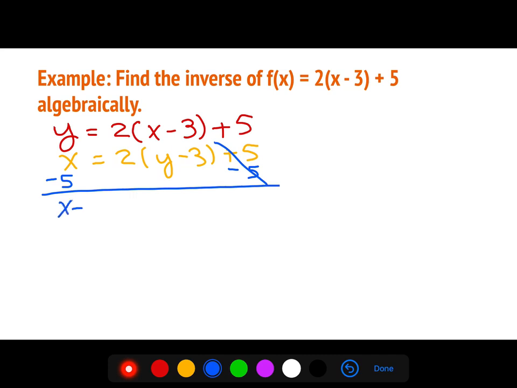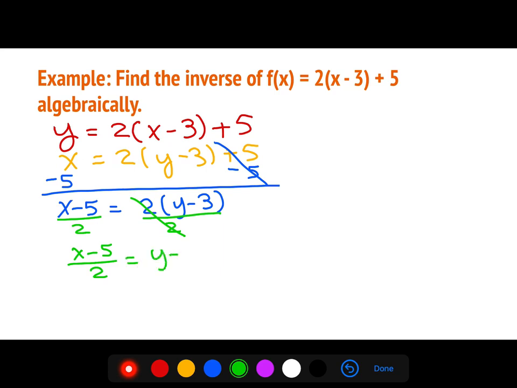So I'm going to subtract 5 on both sides. And I'm going to go ahead and divide by 2 on both sides. And lastly, I'm going to add that 3 over to the other side.